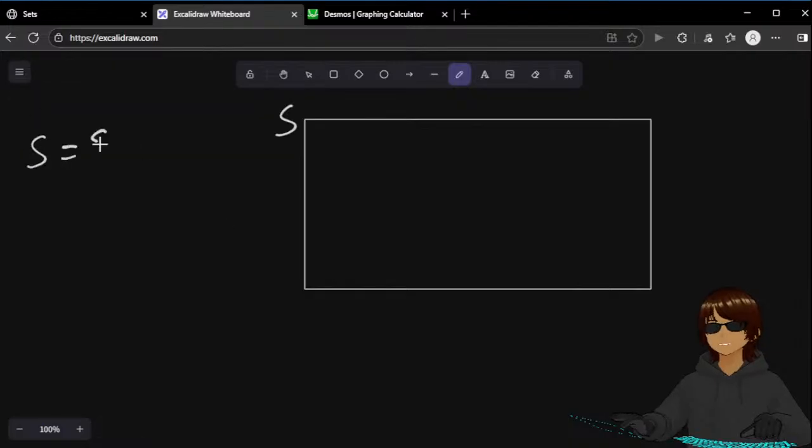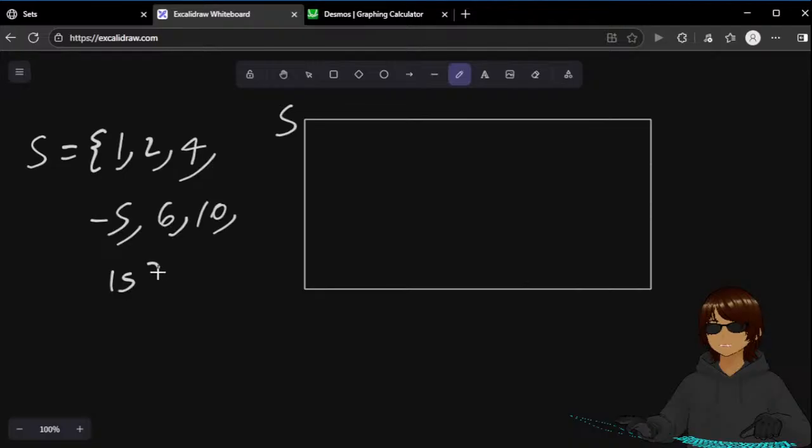So S is 1, 2, 4, minus 5, 6, 10, 15, and 2, 4, minus 5. 10, 15, and 6.